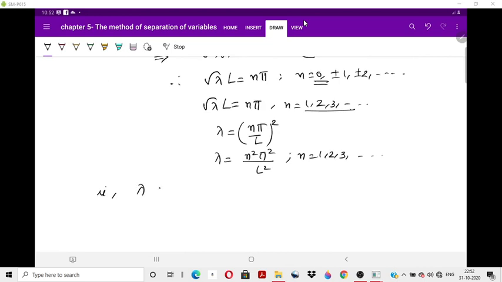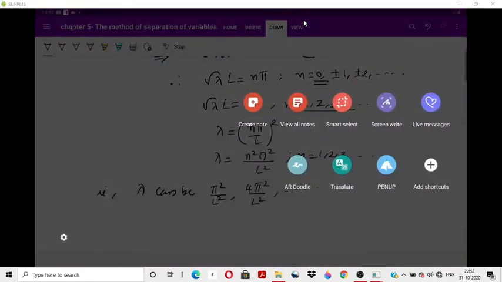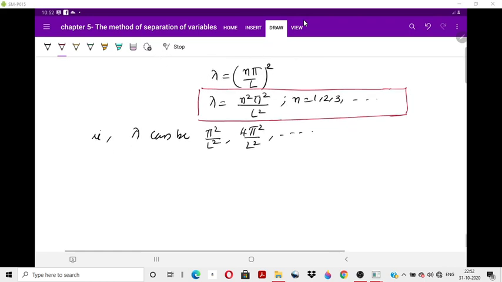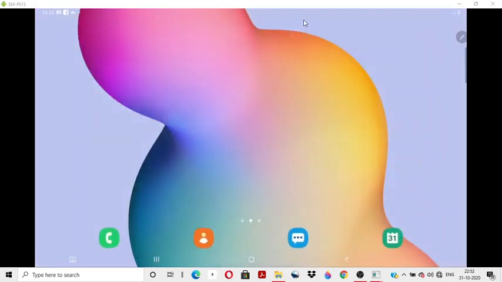That is lambda can be, when n equal to 1, pi square by L square. When n equal to 2, it is 4 pi square by L square, etc. So these are the possible values of lambda, that is, these are the eigenvalues.